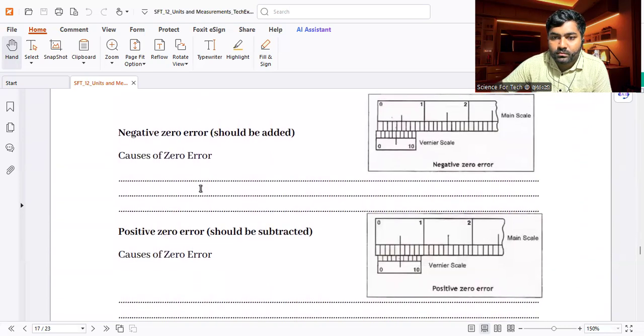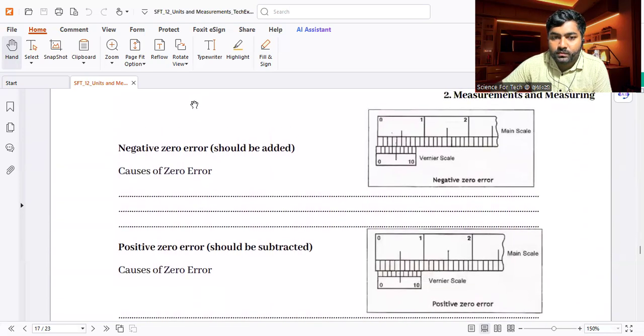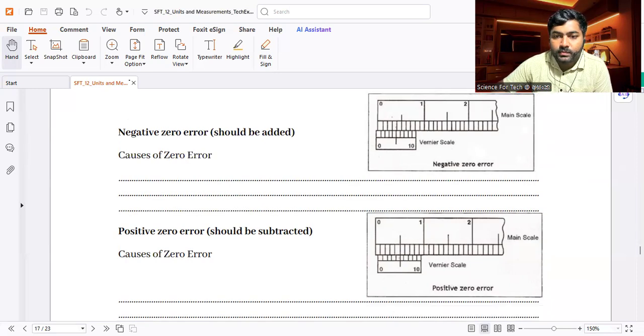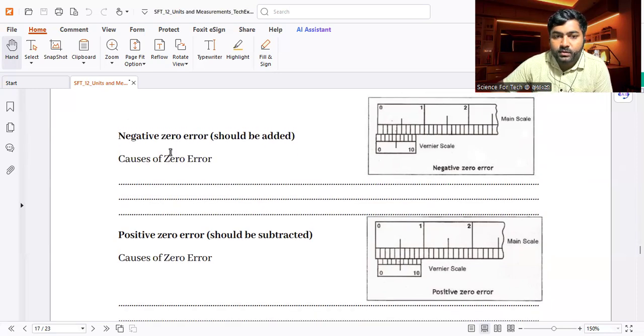Finish writing. Yes, sir. Next point. There are two types of errors.